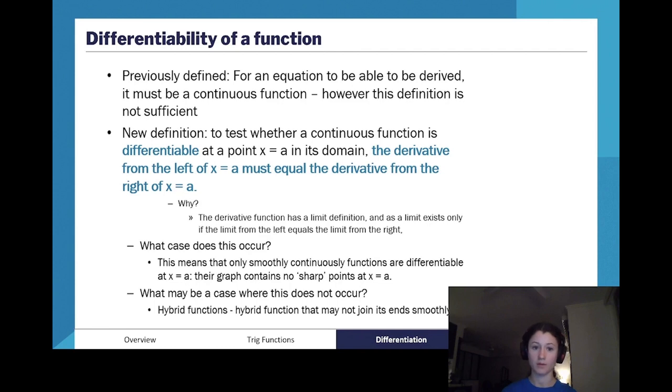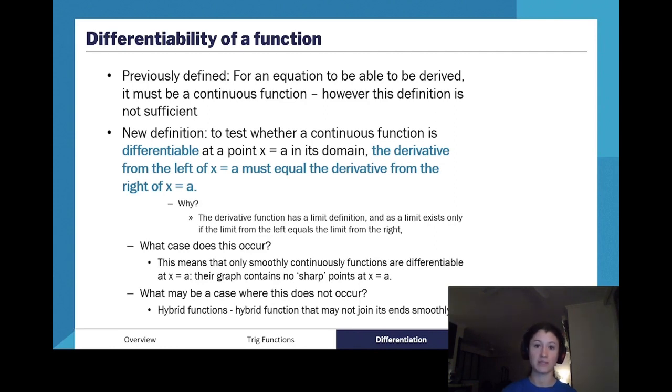Why? The derivative function has a limit definition, and a limit exists only if the limit from the left equals the limit from the right. This means that only smooth, continuous functions are differentiable at x equals a.